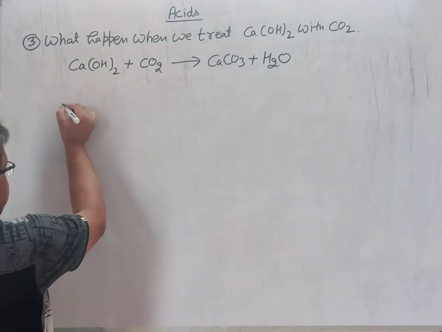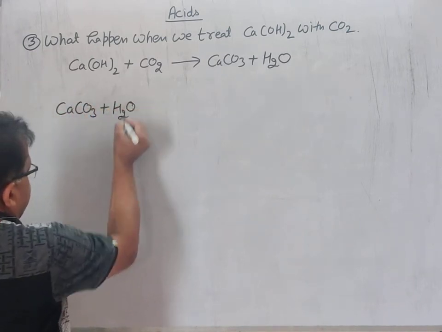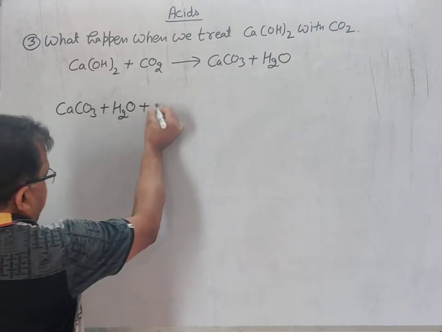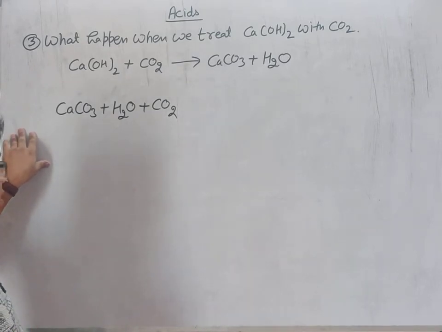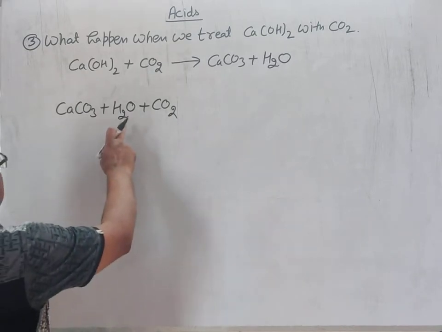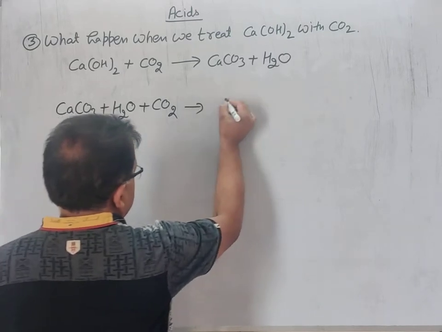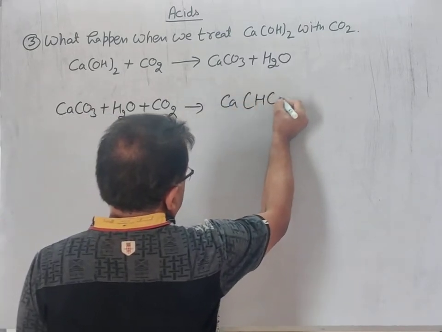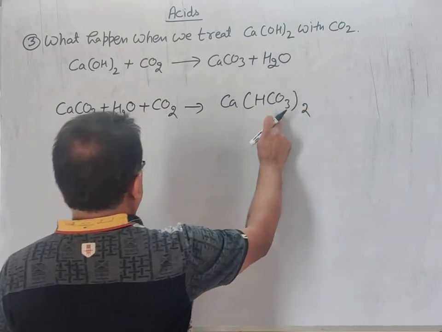Now if we continue in excess of carbon dioxide, meaning if we continue supplying carbon dioxide, so that there is excess of carbon dioxide, then this calcium carbonate again reacts with carbon dioxide to form calcium hydrogen carbonate.